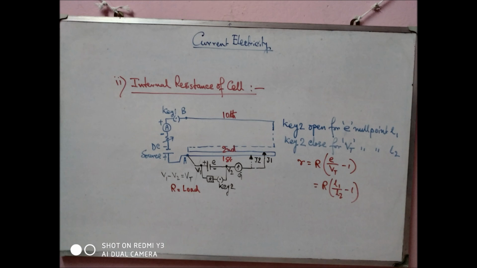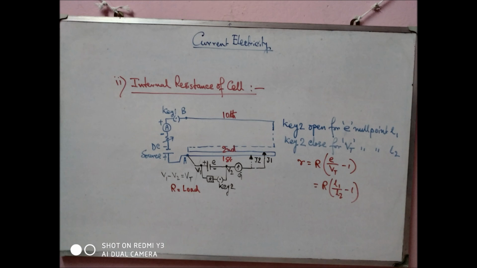When key K2 is open, we get only the EMF, no problem, because the load is not there. But when we close key 2, the load is there, and V1 minus V2 is Vt.